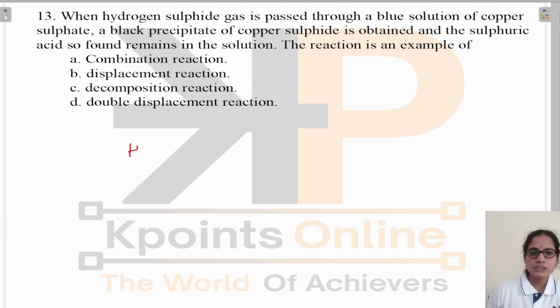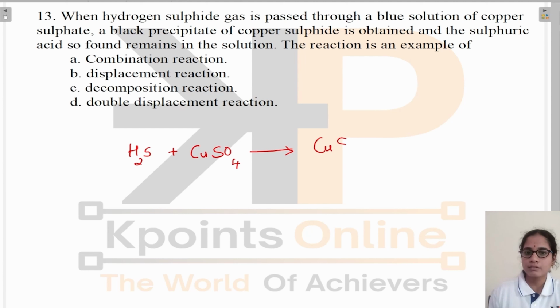First write the equation by seeing the question, what is the statement that is given. Okay. Hydrogen sulfide gas is passed through copper sulfate, CuSO4. Then what is obtained? A black precipitate of copper sulfide is obtained here. So I obtain CuS, and the sulfuric acid so formed, and also they have given that sulfuric acid is formed, H2SO4.